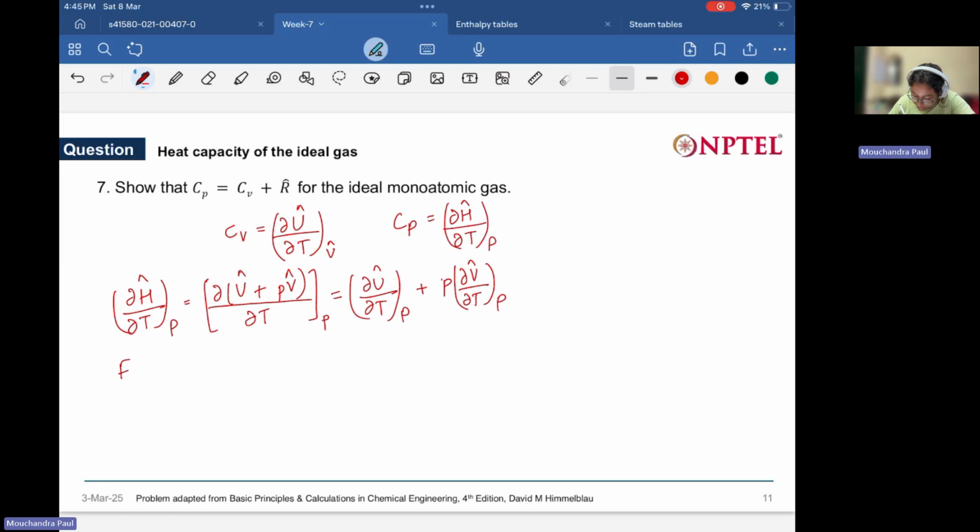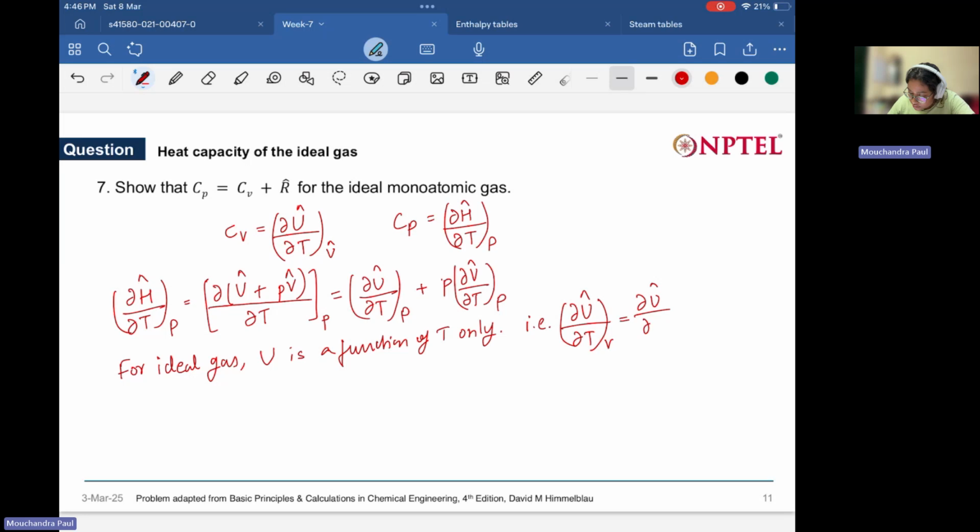So for ideal gas, U is a function of T only. So that means for ideal gas, delta U by delta T at constant volume will be the same as delta U by delta T at constant pressure.